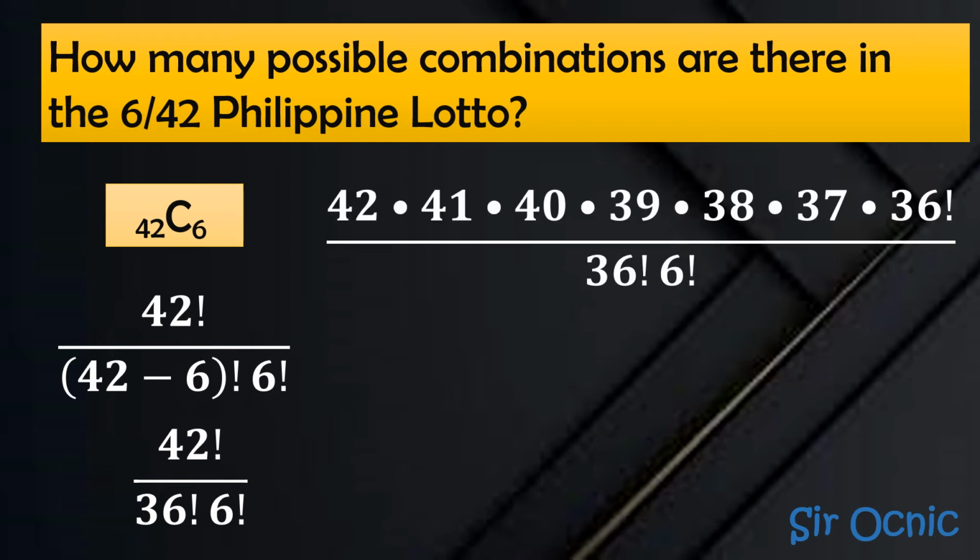Expanding our numerator, we will have 42 times 41 times 40 times 39 times 38 times 37 times 36 factorial over 36 factorial times 6 factorial.